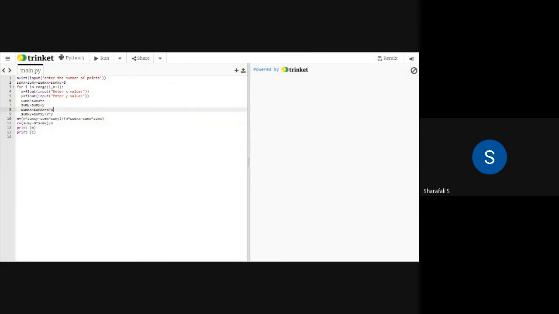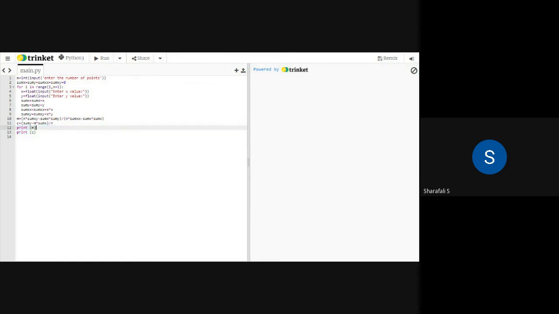So I will just run this code. Here we are just calculating that m and c. We already know the equation, and then you have to print those m and c values. So that's what we have to do here.